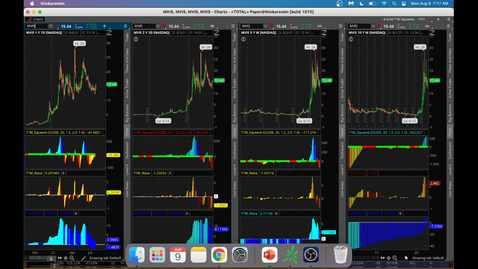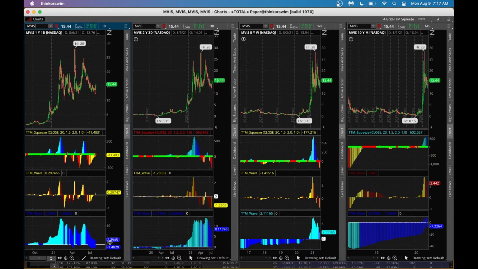As you can see here, right now it's positive 2.39, that's above zero. So at least in the shorter term, 1 year, 1 day, there is a high likelihood this is going to fire on the higher side, the bullish side. And you can also see the stock shot up a little bit in the nearer term.